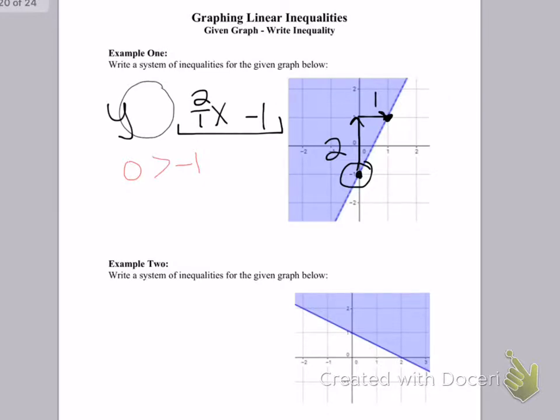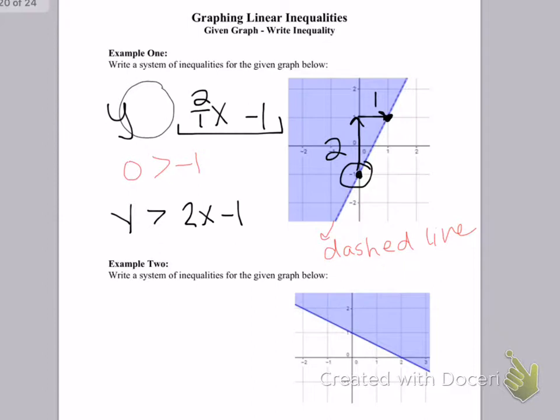And we see that it's a dashed line, so it's not going to have an equal to sign. So we know that our inequality is y is greater than 2x minus 1. It can be tricky, but like I said, break it down step by step and see what the graph is actually telling you. All right, let's go ahead and look at the second one.